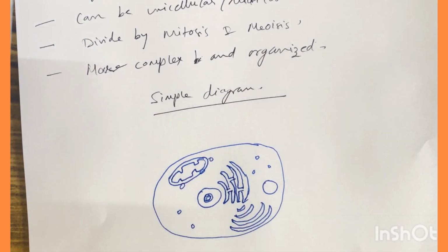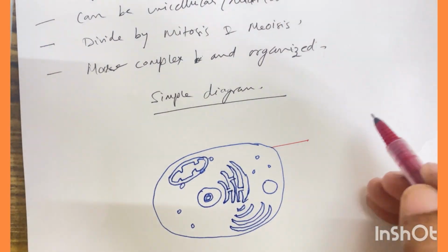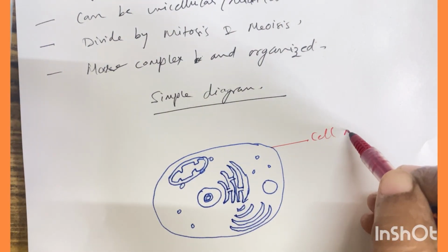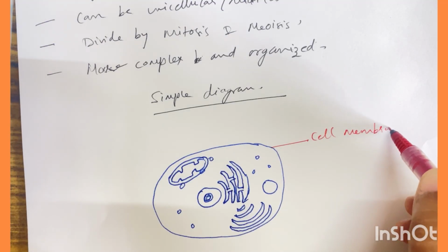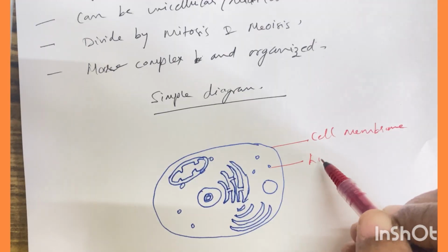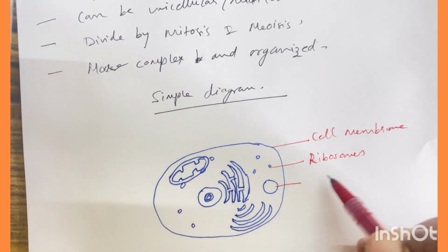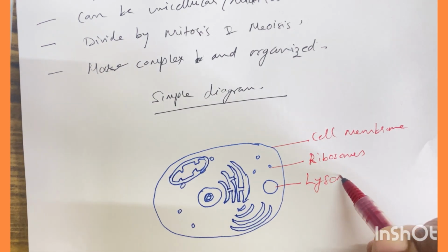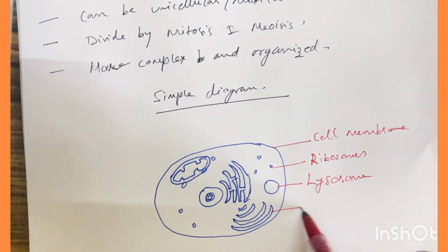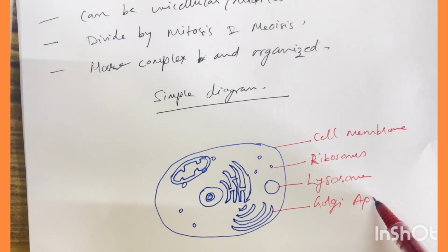Now, help me out label this as we were learning about the eukaryotes just before. So, this is your cell membrane. Okay. And this is your ribosomes. This is your lysosomes. This is your Golgi apparatus.